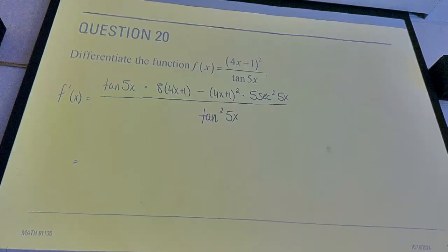But I can still rewrite it as a non-quotient. Divide each term of the numerator by tangent squared. Tangent over tangent squared, 1 over tangent. And isn't 1 over tangent cotangent?